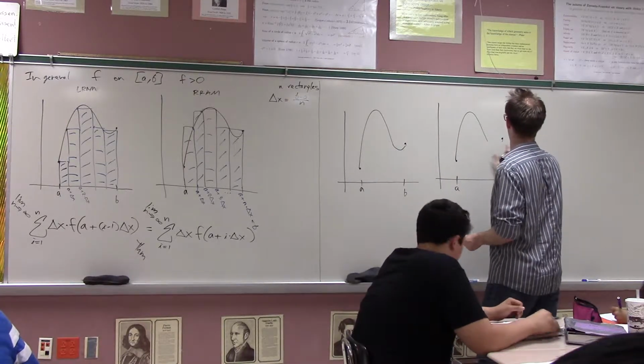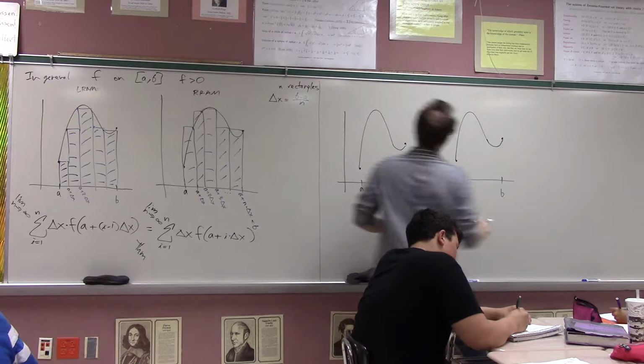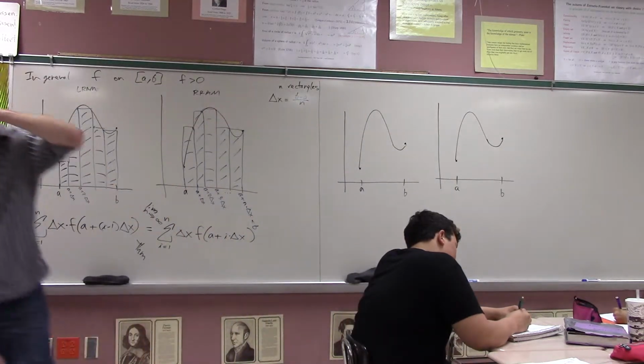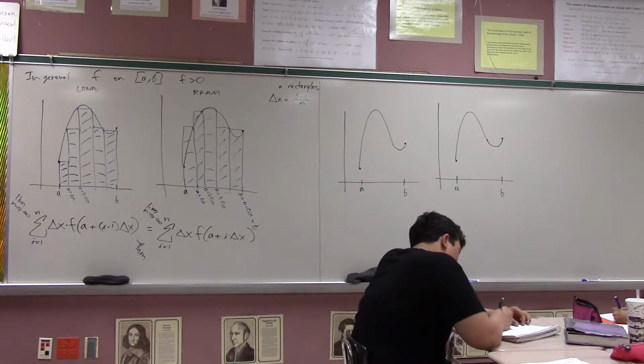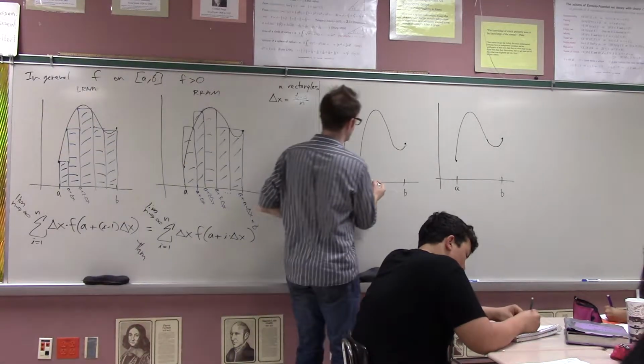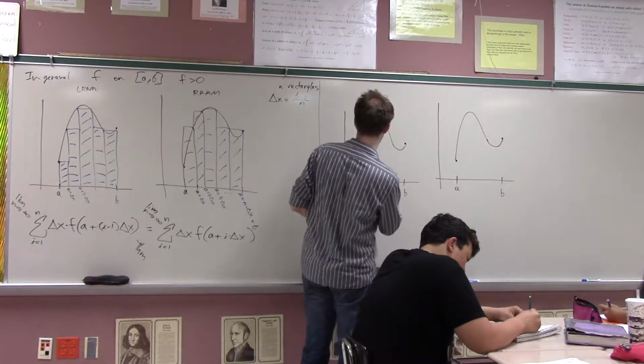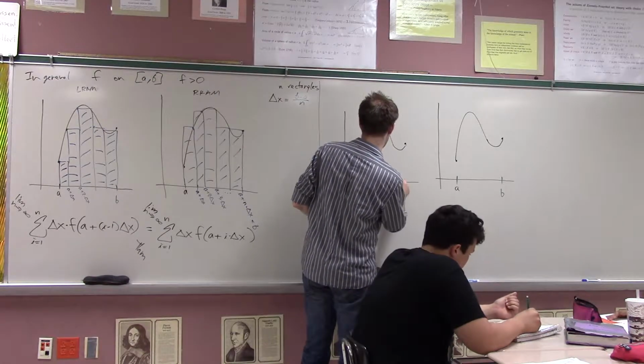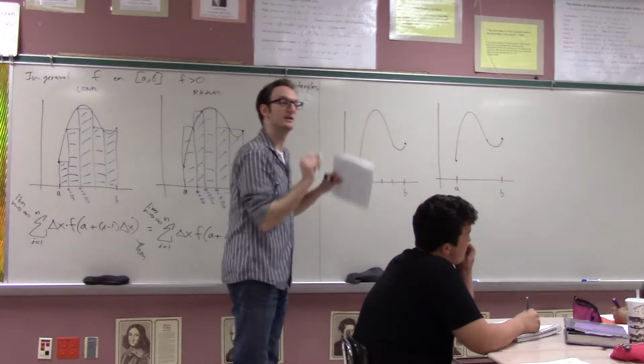And try to draw the same function twice. Now what we're going to do is draw rectangles in a weirder manner. We're going to divide the interval up into subintervals. I think I'll use 4.